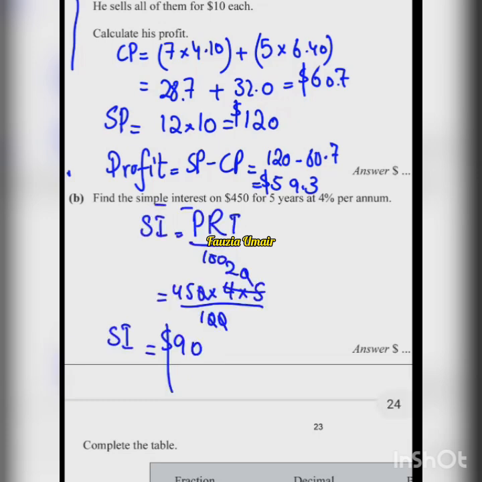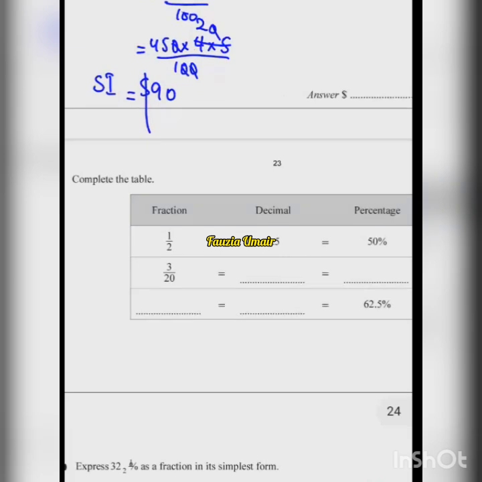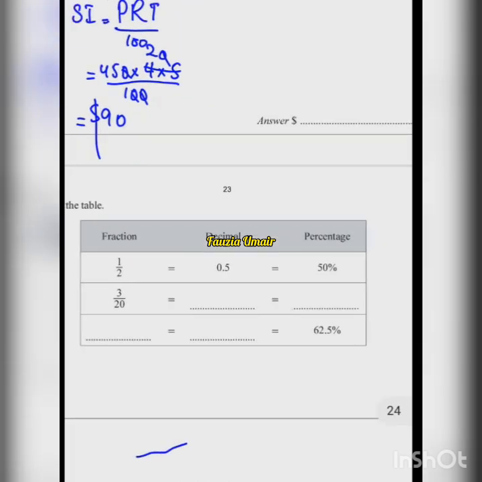So moving on to the next question. The next question is a table. We need to fill in the missing values. 1 by 2 is equal to 0.5 and that is equal to 50%. So the first one is done for you, right?